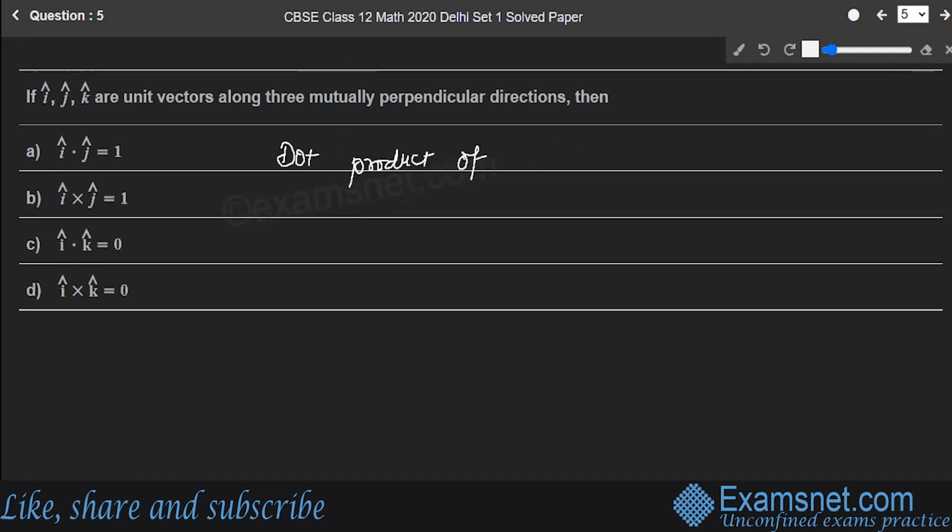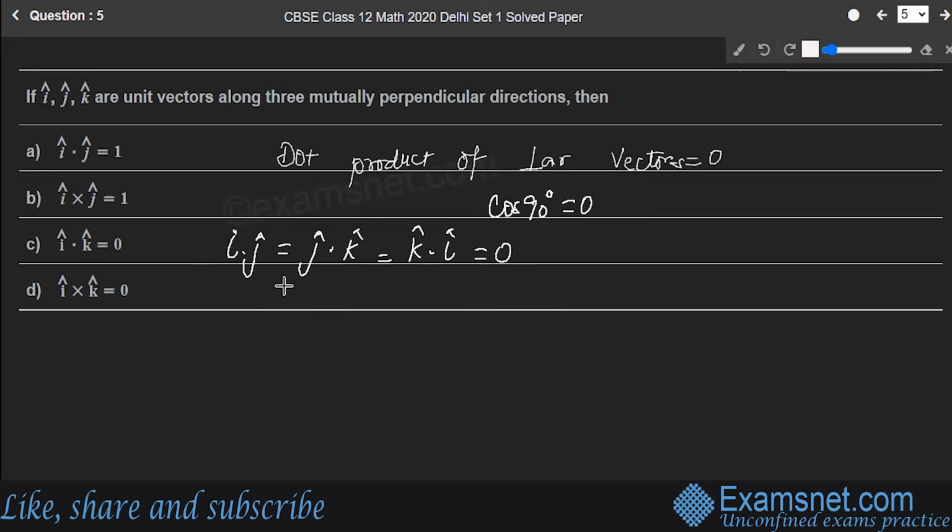Dot product of perpendicular vectors is equal to 0 because it contains the cos of angle between them, right? And cos of 90 is equal to 0. So that means i dot j is equal to j dot k is equal to k dot i, and all of them are equal to 0.